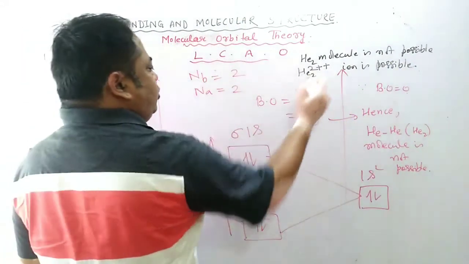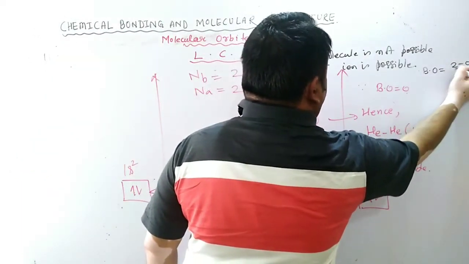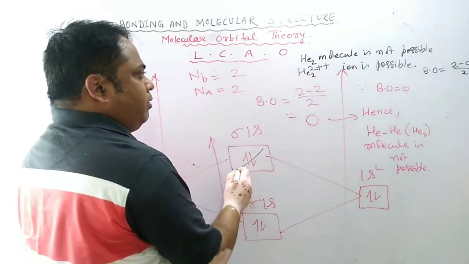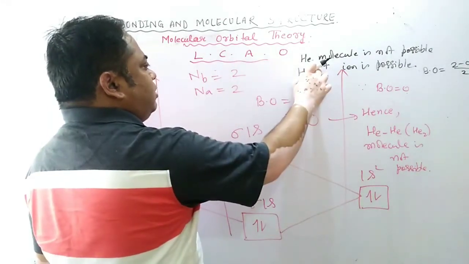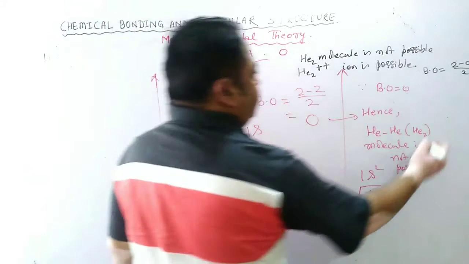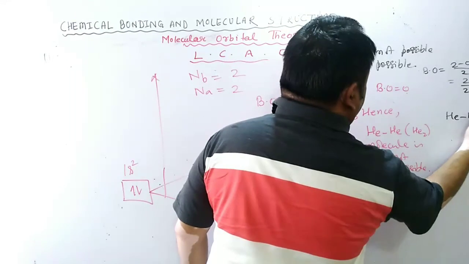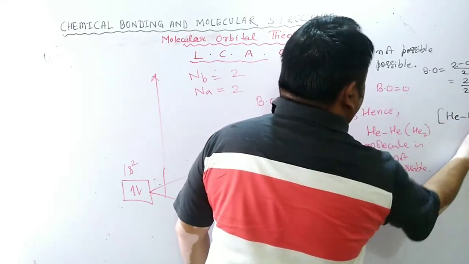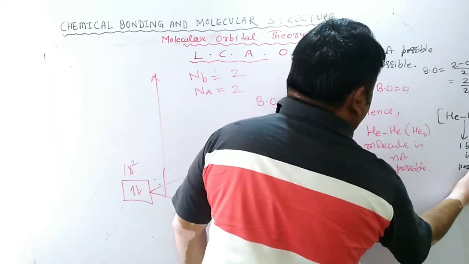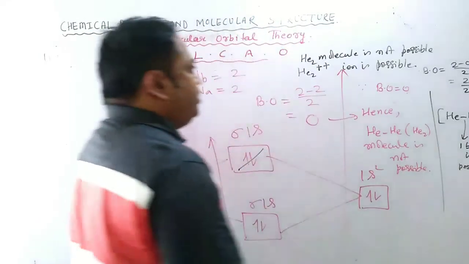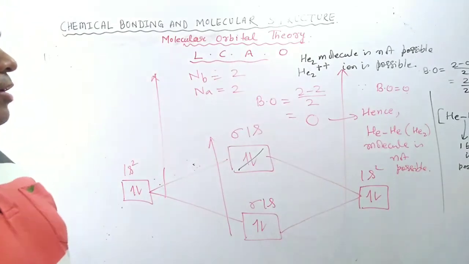Because when you make it He2 plus, the bond order becomes 2 minus 0 by 2, because two electrons are eliminated, so it will become 2 by 2 equal to 1. So in the He2 plus molecule, one bond is possible. Reasoning based questions are asked: the He2 molecule is not possible, but the He2 plus ion is possible. Why? This is the reason.